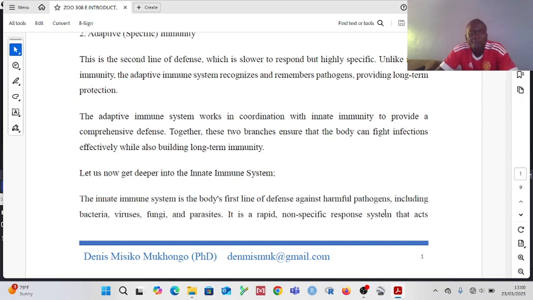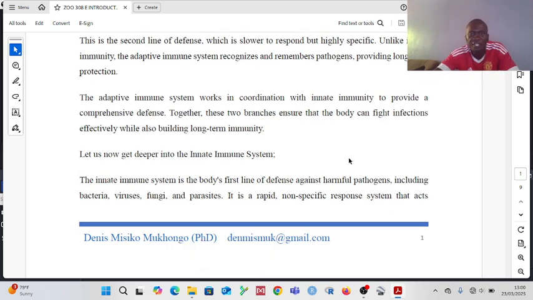And it has to fight infections fast, at a faster response. That's the work of the innate immunity. But then it also has to build long-term immunity. Long-term immunity is built through memory, which is what the adaptive immunity is bringing in.